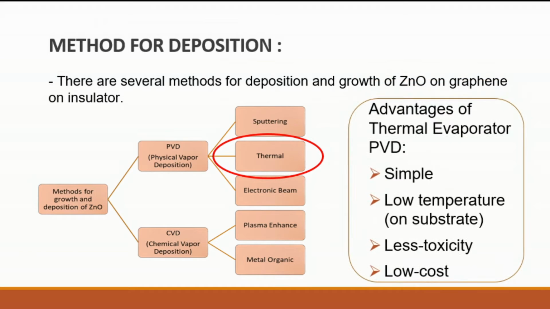Other than that, by using the thermal evaporator, we only apply a low temperature onto the substrate so that we can do the deposition directly onto a low melting point substrate, such as plastic or rubber. Besides, the thermal evaporation technique will produce less toxicity along the experiment compared to the CVD techniques. Lastly, this technique is considered low cost since the equipment used is quite simple and only one target is required.